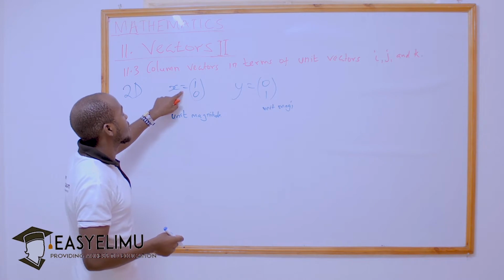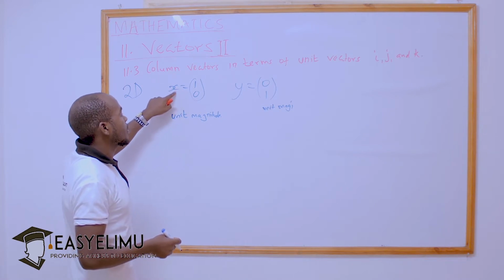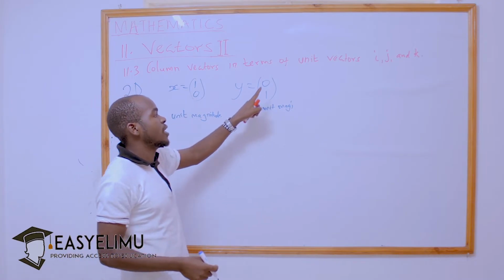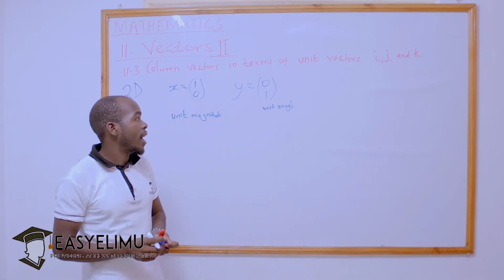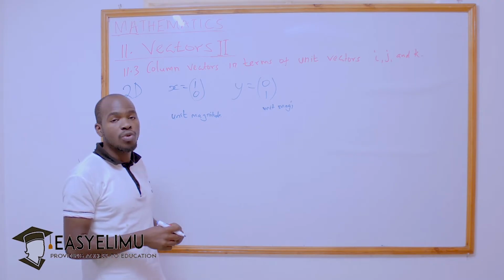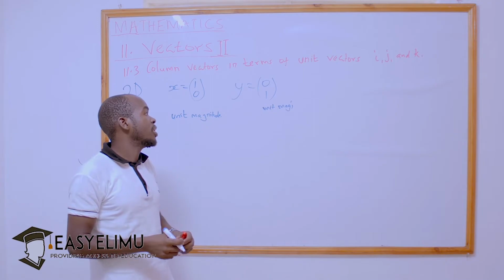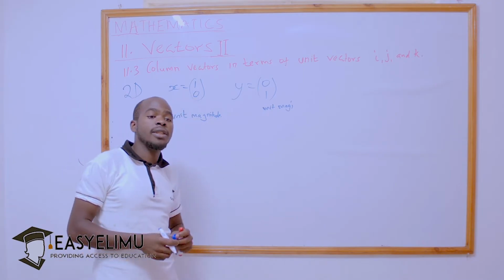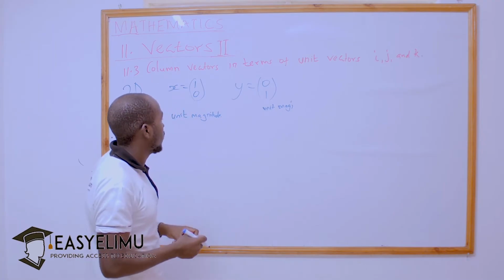Here the y value is 0 but the value of x is 1, so it is along the x-axis, and this one is along the y-axis, where x equals 0. So they are in their respective given directions.